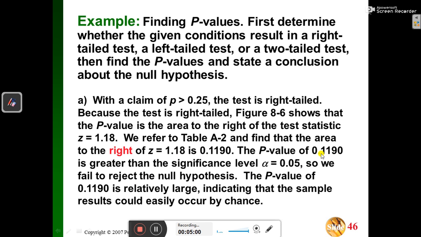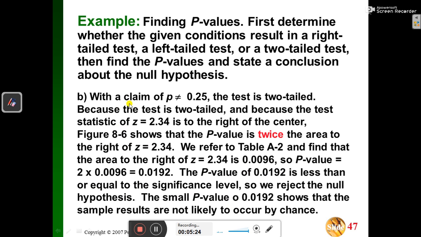The p-value is greater than 0.05 because the z value, 1.18, gives this value. And the p-value of 0.1190 is relatively large, indicating the sample results could easily occur by chance.